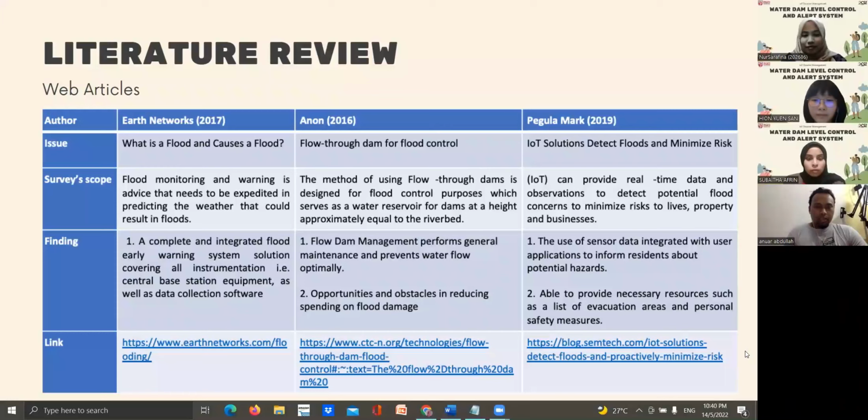First, flood and dam managers perform general maintenance and prevent water flow optimally. And from the IoT solution, the sensor data is integrated with a user application to inform residents about potential hazards and able to provide necessary resources such as a list of evacuation areas and personal safety measures. That's for me.